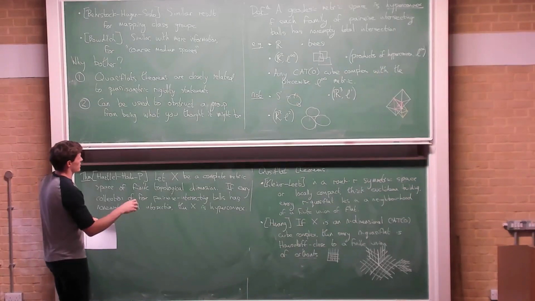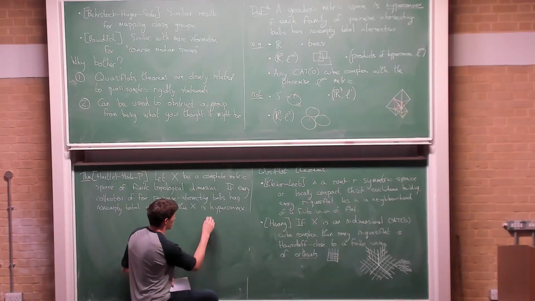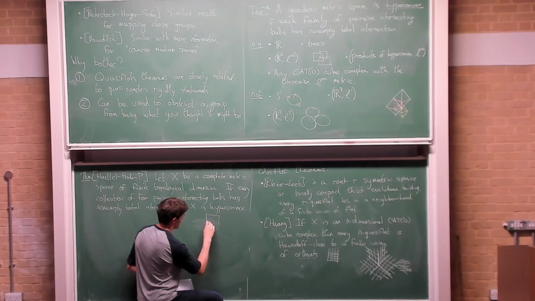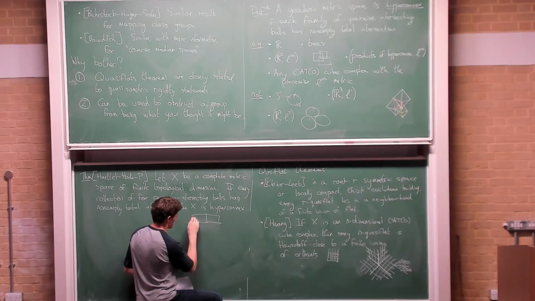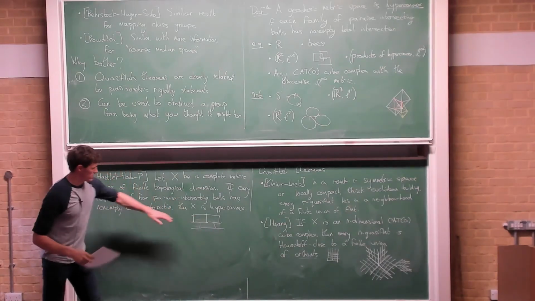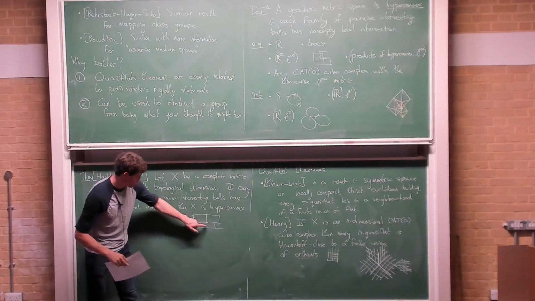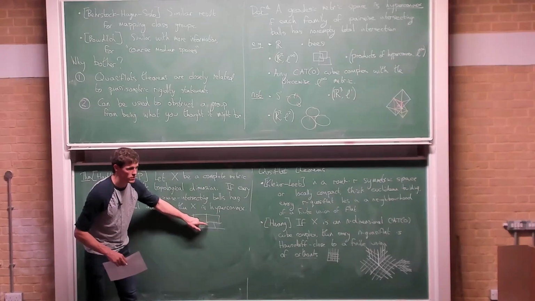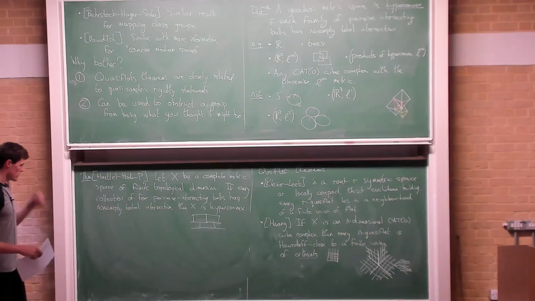So maybe you've seen this kind of brick picture tiling the plane. Okay, well, I should draw it more like a brick. This means you can use this picture to show that the plane has topological dimension 2 because each point has a little neighborhood that only meets 3 of these guys.